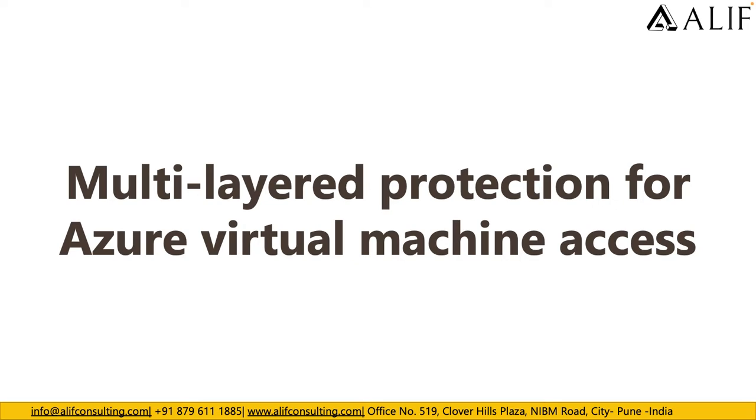In this video, we're going to learn what exactly multi-layer protection is, how it works, why it's a requirement, how exactly it fits in the customer infrastructure, and how you can sell it to the customer when they are talking about security or multi-layer protection on the infrastructure they are running on Azure.